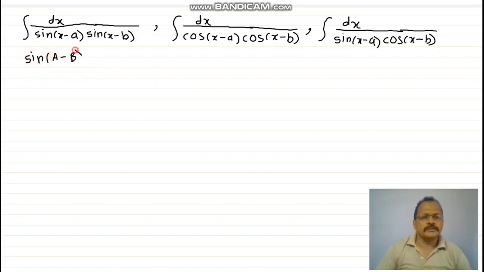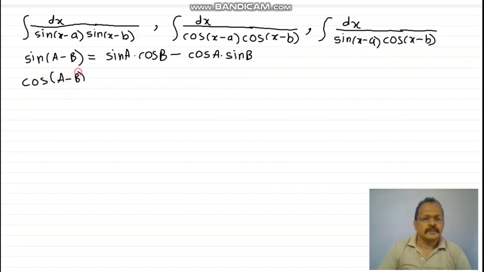Sin A minus B is sin A cos B minus cos A sin B. Cos of A minus B is equal to cos A cos B plus sin A sin B.